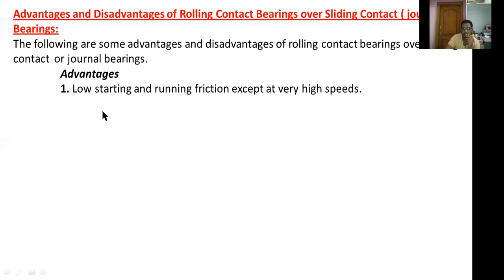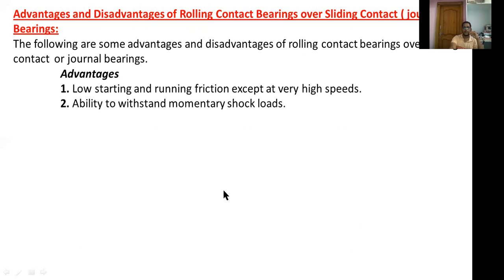First one is low starting and running friction, except at very high speeds. Here these ball bearings or roller bearings have low starting friction and low running friction at low speeds.